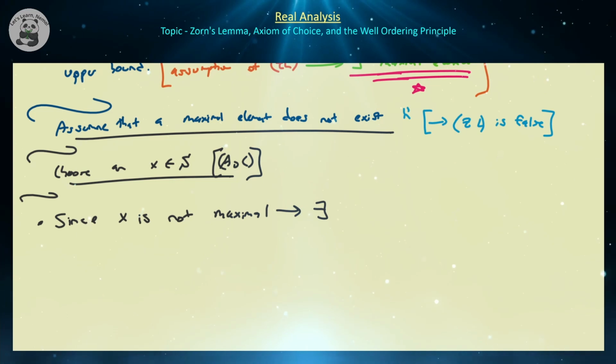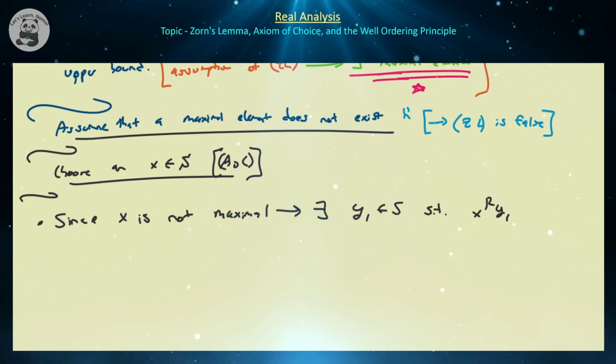then that means there must exist some element, let's call it y1, in S, such that x is related to y1. There has to be an upper bound for that element under the assumptions that we have. Now again, y1 is not the maximal element because it doesn't exist. But keep in mind, this notation is equivalent to saying that x is less than or equal to y1.